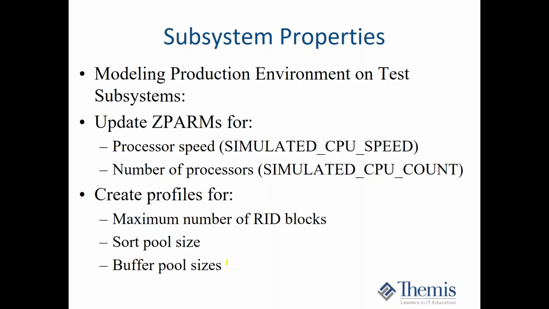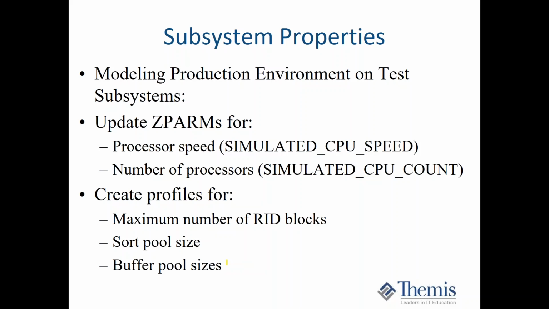Make my test system think it has the same sort in memory storage size as my production does. And make my test subsystem think it's working with buffer pools, the same storage size allocated as production.